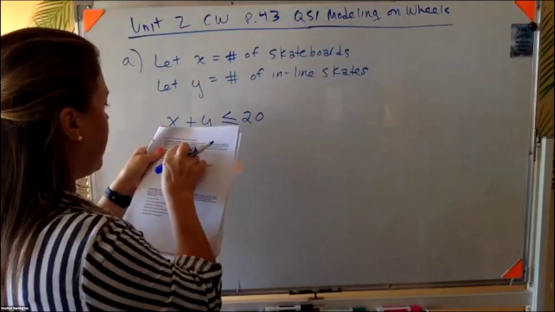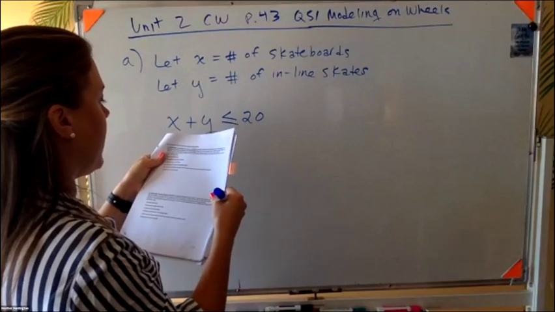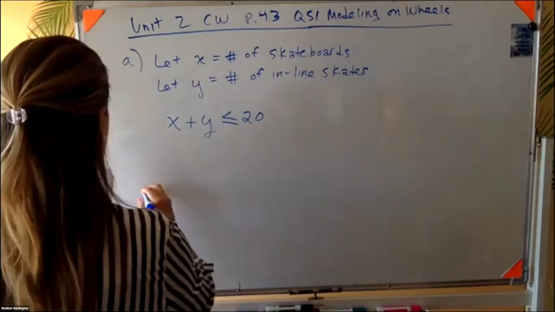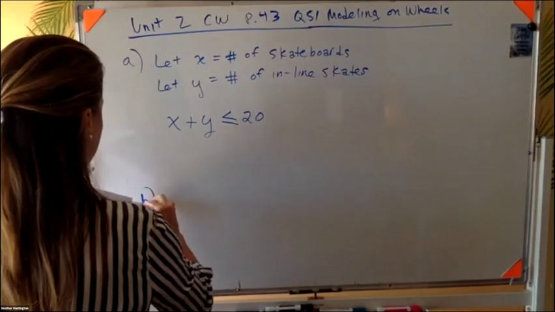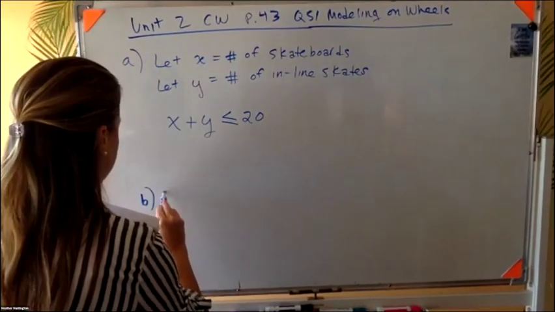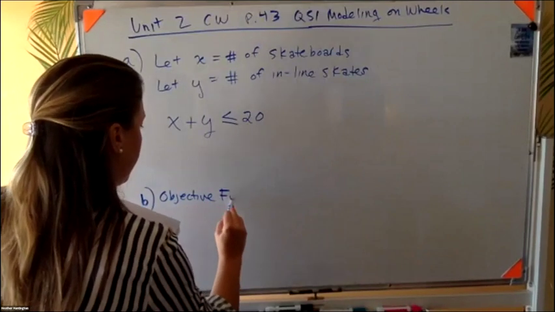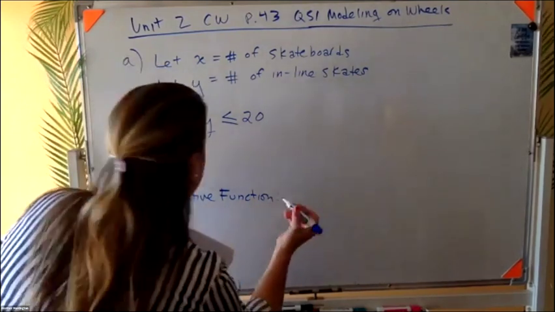All right. The company makes a profit of $25 on a skateboard. So I'm going to jump to part B, just because that's our profit. That's our objective function. They put that in the middle of the whole paragraph that's given.